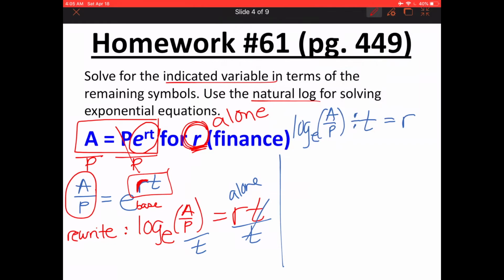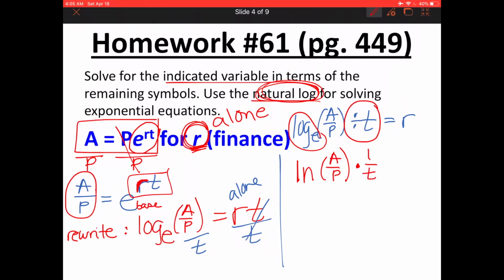Now let's clean this up a little bit. Log base e, remember this is ln, and that's what they said in our directions. They want natural log. So ln of A over P, instead of saying divided by t, we can also say times 1 over t.